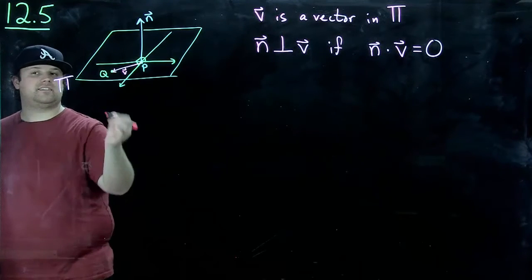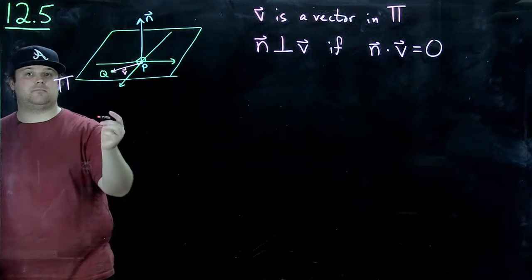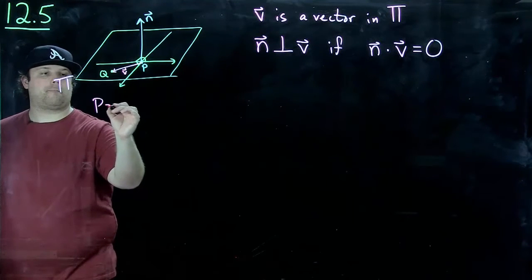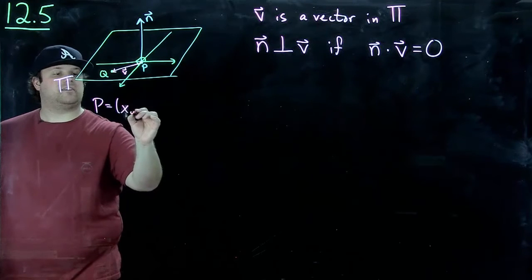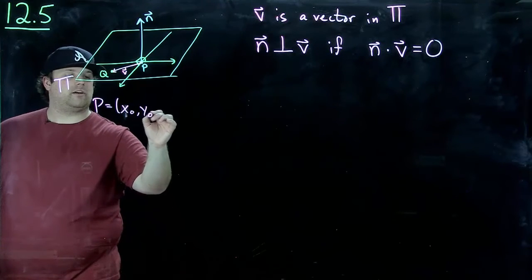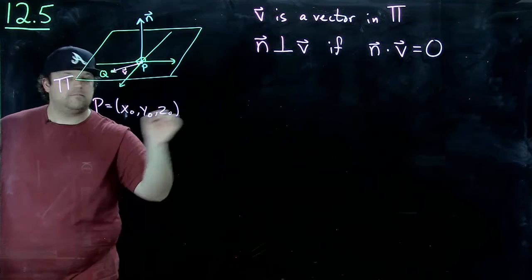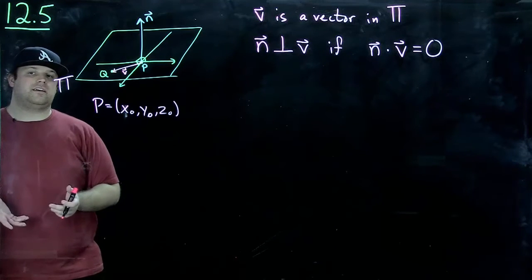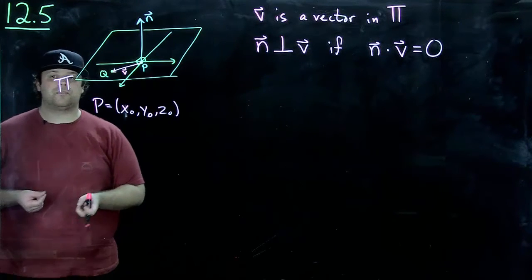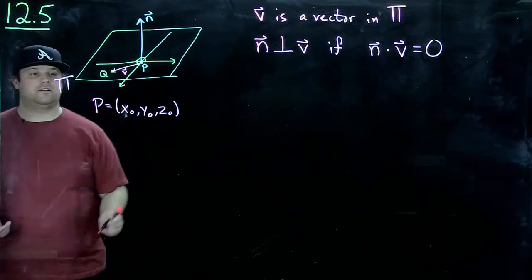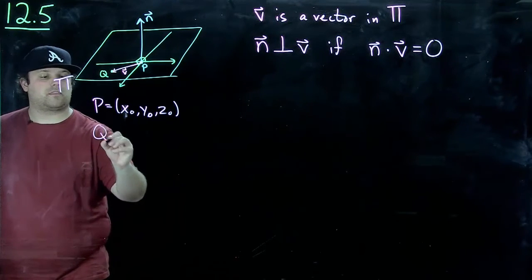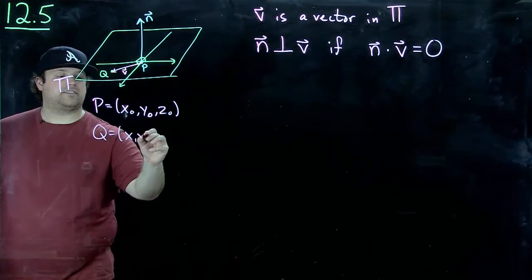All right, so let's say this point P is some prescribed point. P equals x naught, y naught, z naught, right? And then Q, remember I want Q to be very generic. So Q is actually just going to be x, y, z.